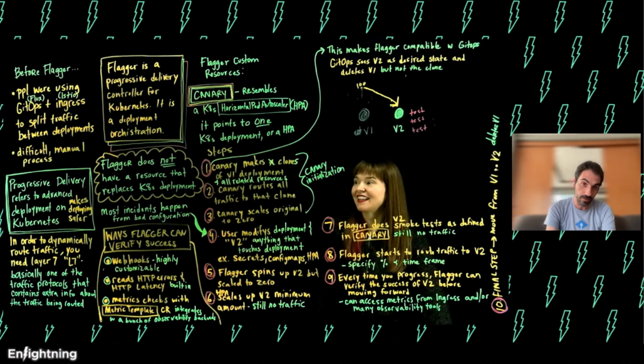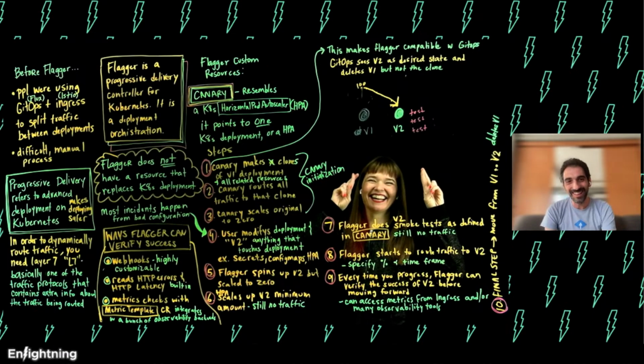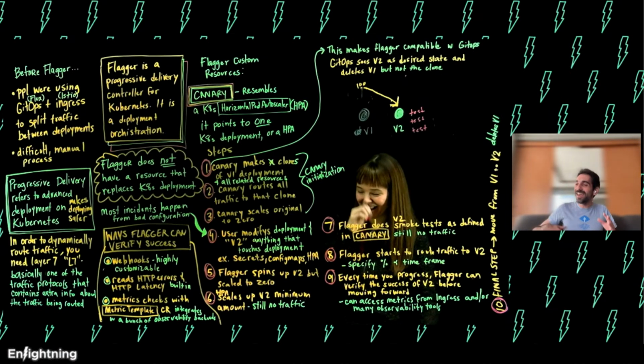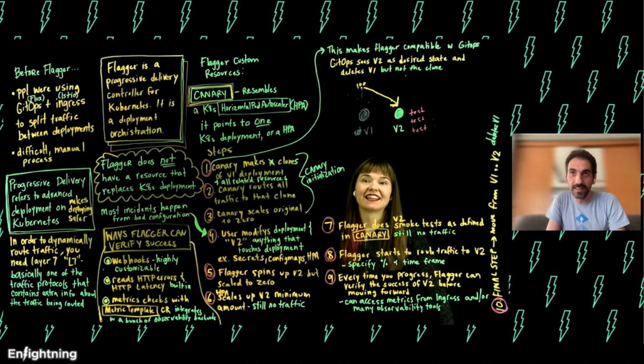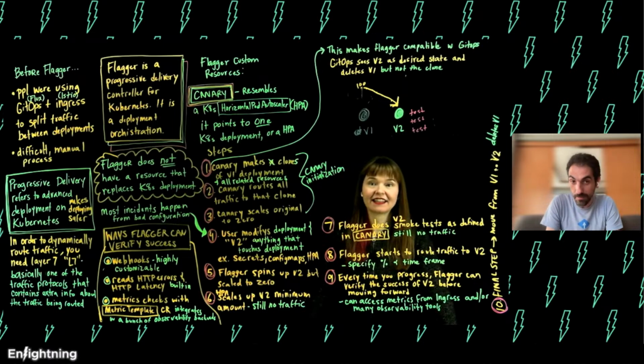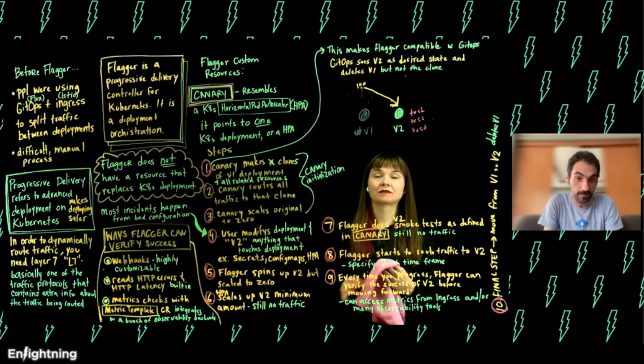But for any other application that does something with a database or does transactions to some other external system, mirroring is not actually an option. So usually a blue-green deployment means you spin up V2, you run your end-to-end tests, you hope that everything is fine, and you move everything right to V2. And yes, you keep V1 around in case everything fails, and you move back. Flagger can actually do this type of thing without any layer 7.